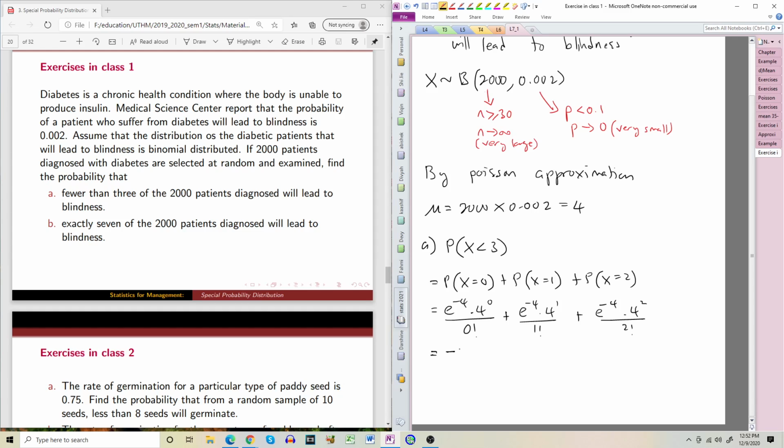So I'm going to compute this. I'm going to factorize this. I will get 0.2381.